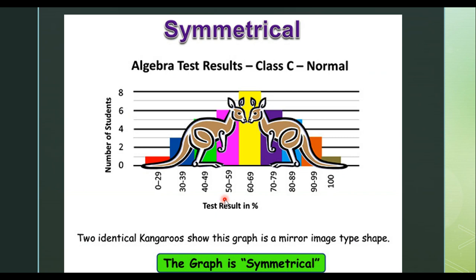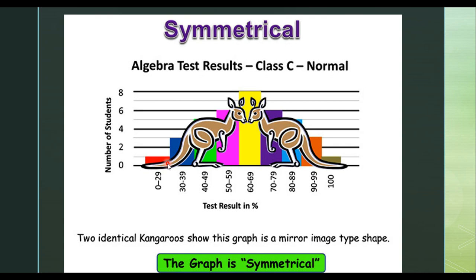So as we start talking about what they look like, it can be a little challenging to determine if it's left or right skewed, or positively or negatively skewed. So I saw this image and I just thought, wow, that's really nice. If something is symmetrical, it would be like two kangaroos looking at a mirror image of themselves.